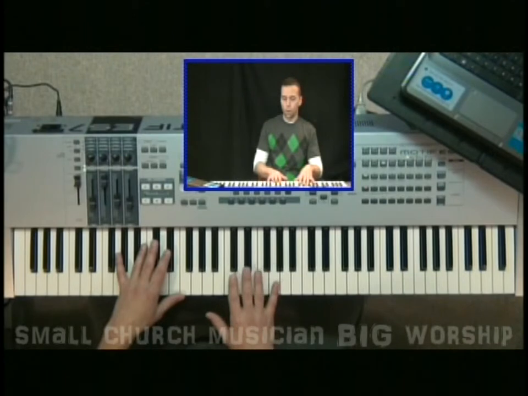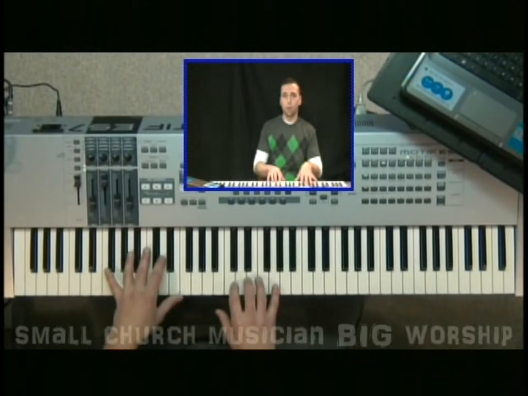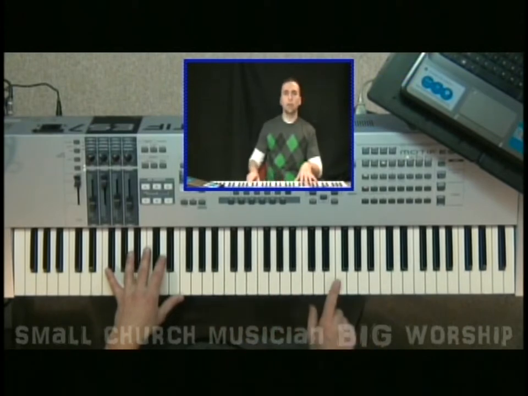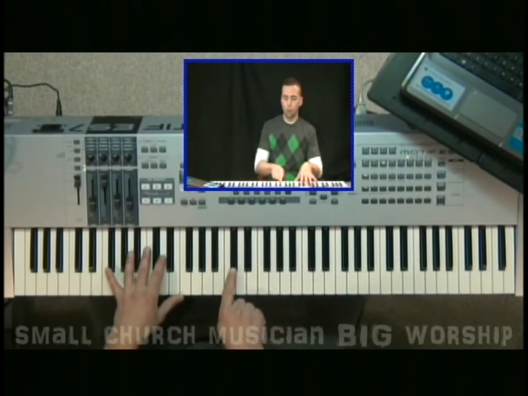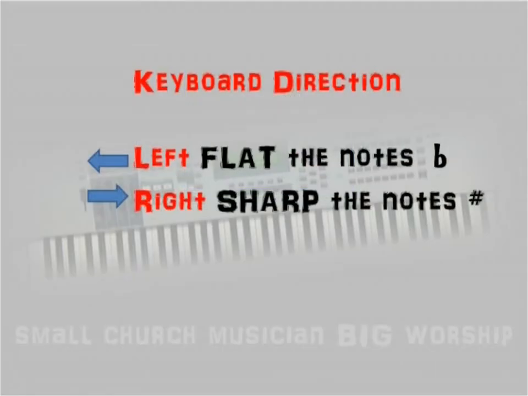So when you think of the keyboard, you see a series of black notes and white notes. These are more natural in a sense, and then when you go up to another increment or movement, if you were to go a little bit to the right in your movement and you walk up the keyboard, that's sort of considered sharping.